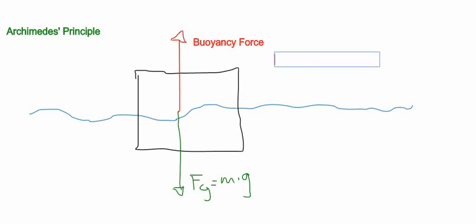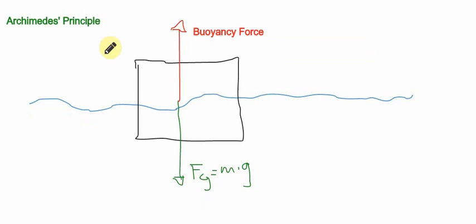And what Archimedes' principle states is that the buoyancy force is actually equal to the weight of the water that is submerged or displaced by the box. So if you look at this area, I'll actually put this in yellow.